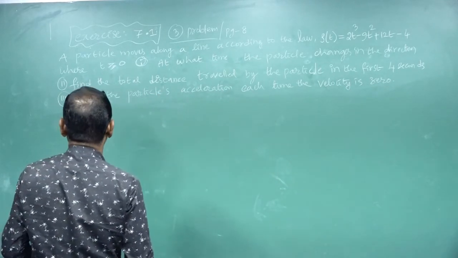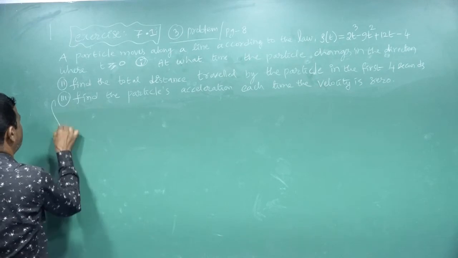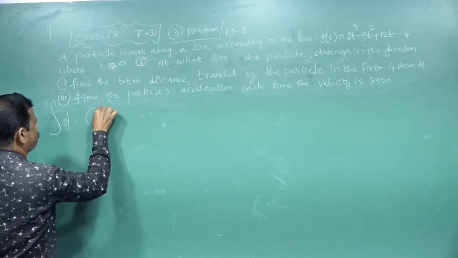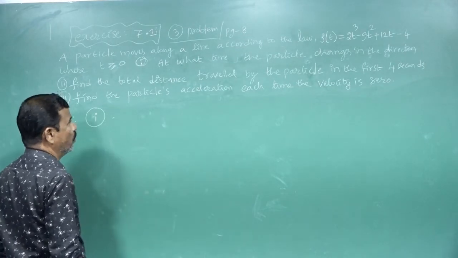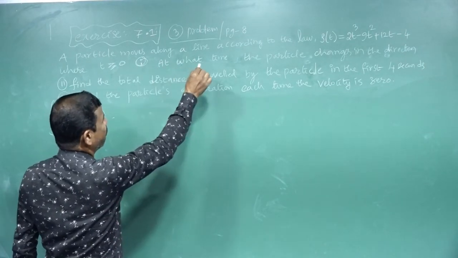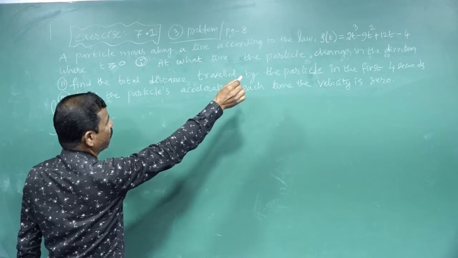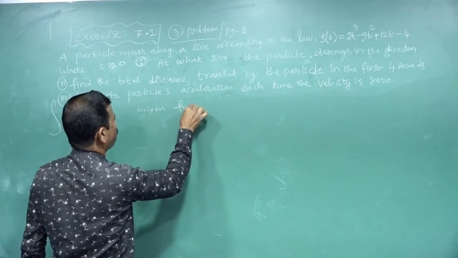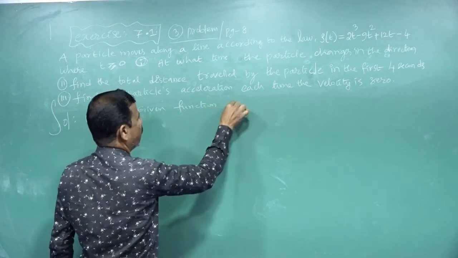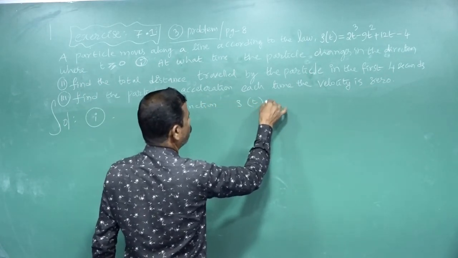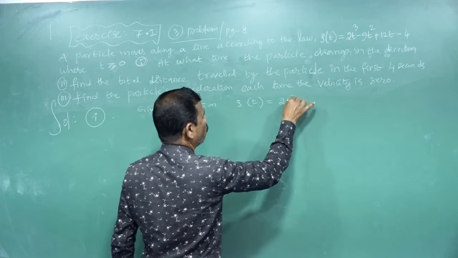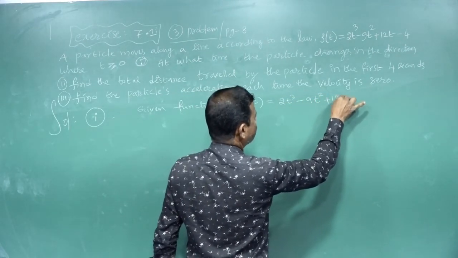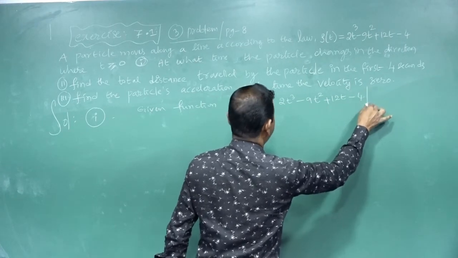We explain the first one. Solution number 1. The particle moves along a line according to the law. The given function is s of t is equal to 2t cube minus 9t square plus 12t minus 4.